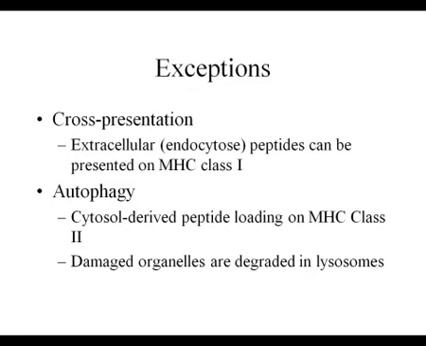Then there's a process called autophagy, where cytosol-derived peptides are loaded on MHC class 2. I don't know why this happens, but examples would be damaged organelles that get degraded within lysosomes, but they're cytosol-derived. In this process of autophagy, they get degraded in lysosomes and end up getting loaded onto MHC class 2.